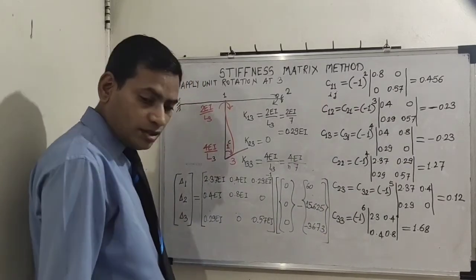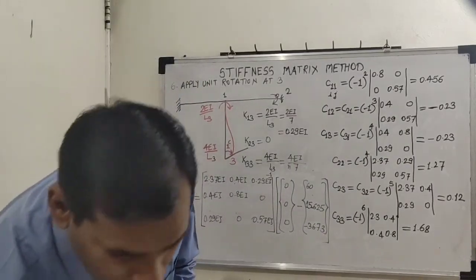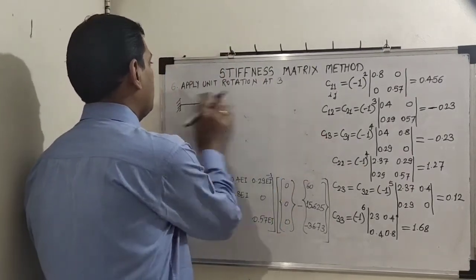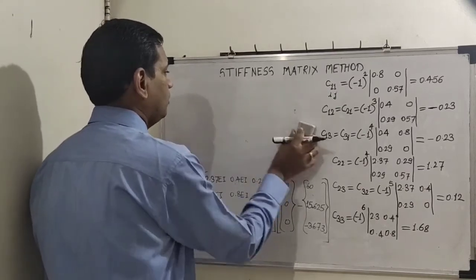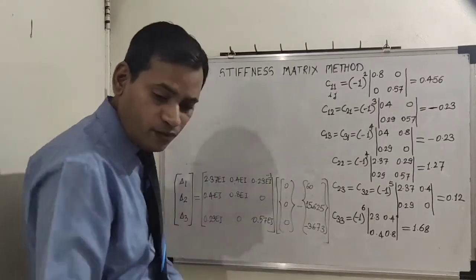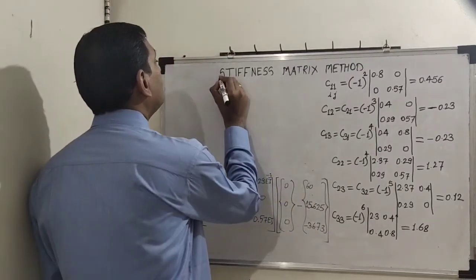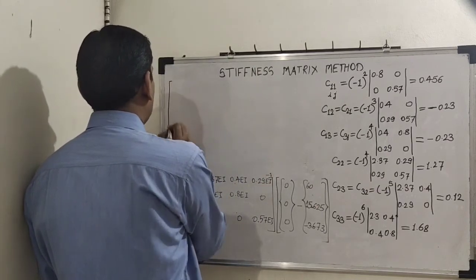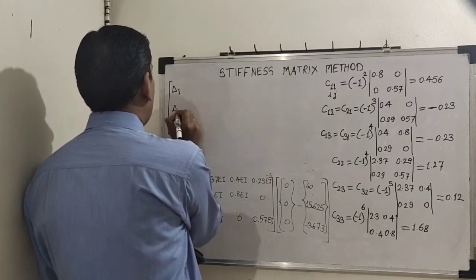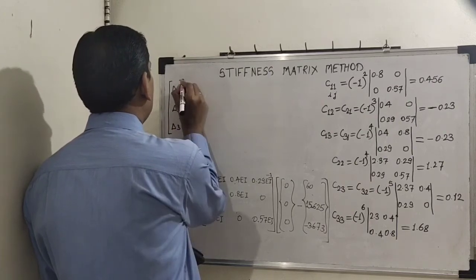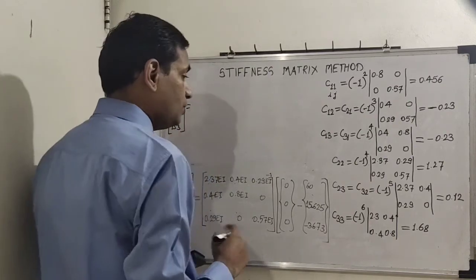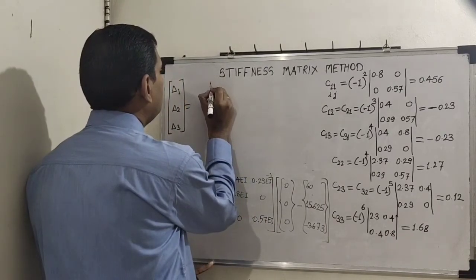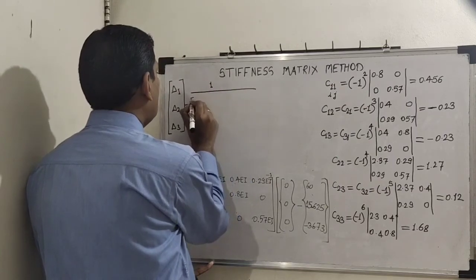Okay, so let us proceed ahead. I will keep this because I need it for reference. So delta 1, delta 2, delta 3, it is equal to, first of all go for determinant. So 1 upon EI into bracket.